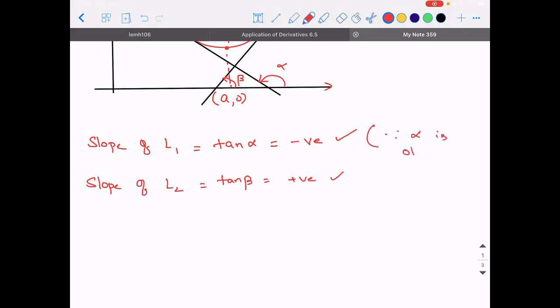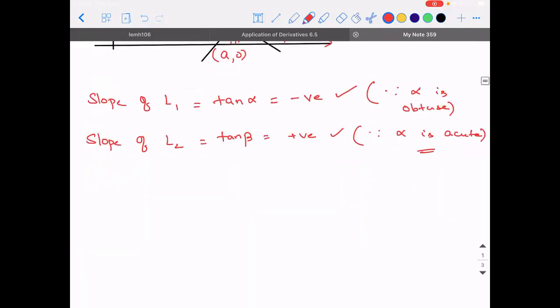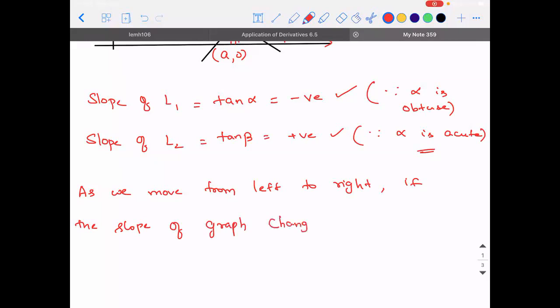Since alpha is obtuse and beta is acute, am I right? So as we move from left to right, if the slope of the graph changes from negative to positive, then there is a point of minimum.